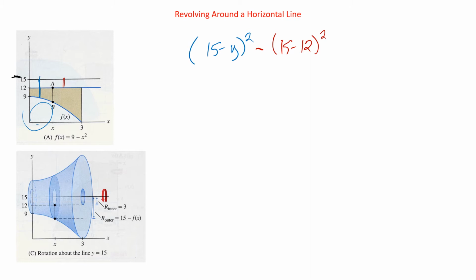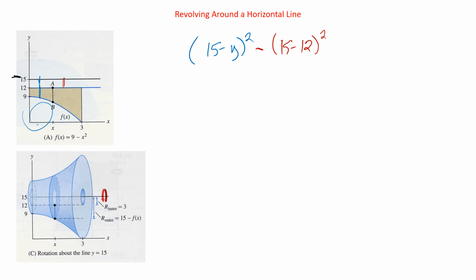It's not variable, it's just constant. It could be variable. It could be 15 minus one y squared minus 15 minus another y squared. It's done the same, except this will be a little bit easier because one of our things will be a number.